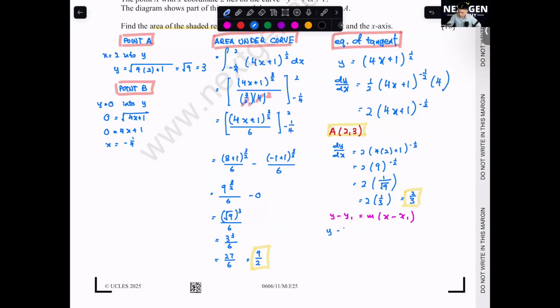So y minus 3 equals 2 over 3 times (x minus 2). You can simplify it to y equals mx plus c: 2 over 3 x minus 4 over 3, and then y equals 2 over 3 x plus 9, so this one will be plus 5 over 3. Not necessary to simplify, but you can simplify to y equals mx plus c.